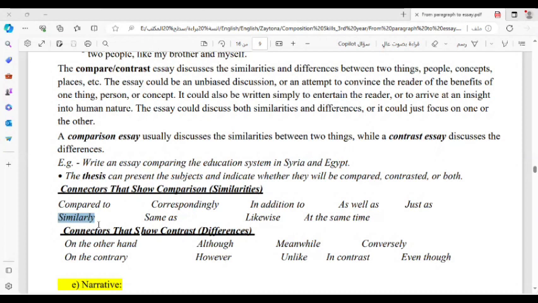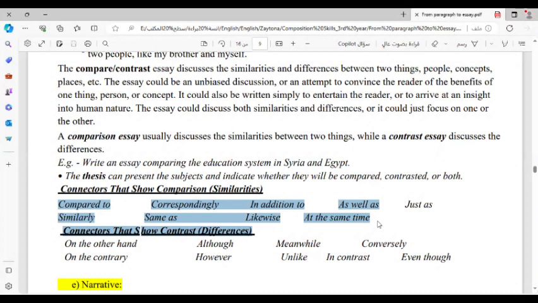Okay, so make sure that when you use one of these words or phrases, you have in two parts of the sentence the things that you are comparing. You will talk about only these similarities.